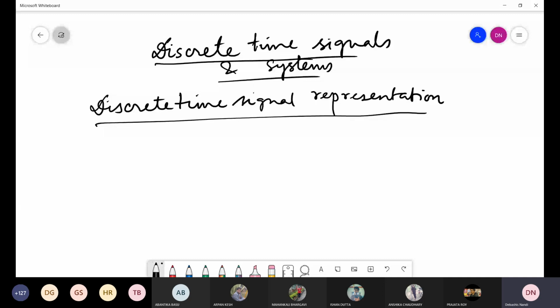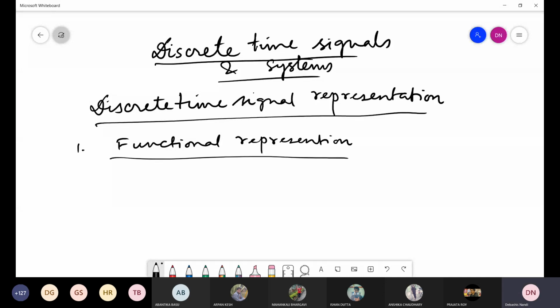The first one is functional representation. How can you represent a discrete time signal by using the functional representation technique? By following this functional representation in this way. Suppose x[n] is equal to 1 for n equal to 1, 3.